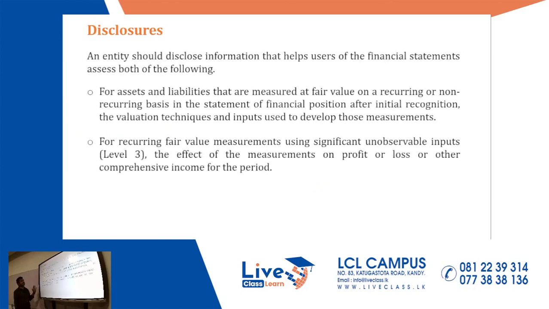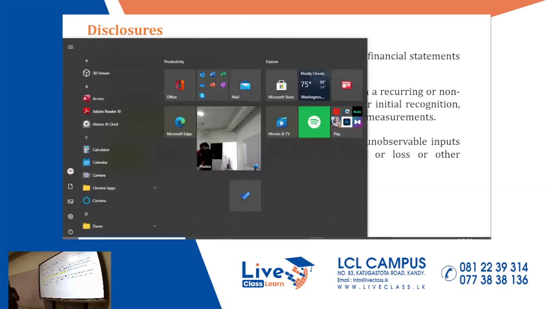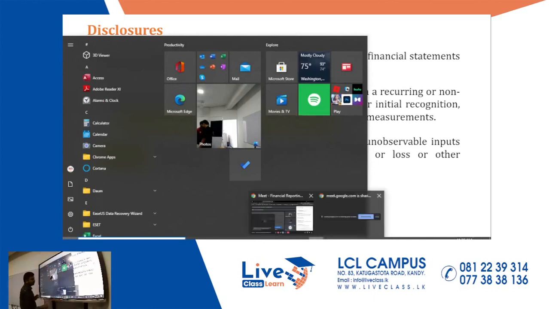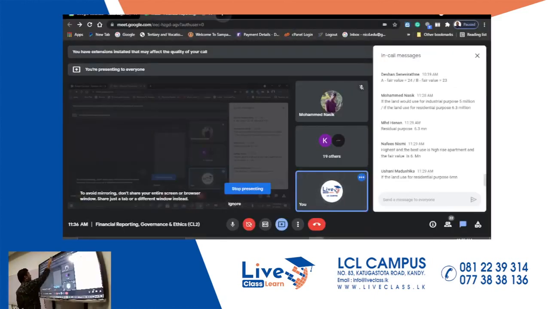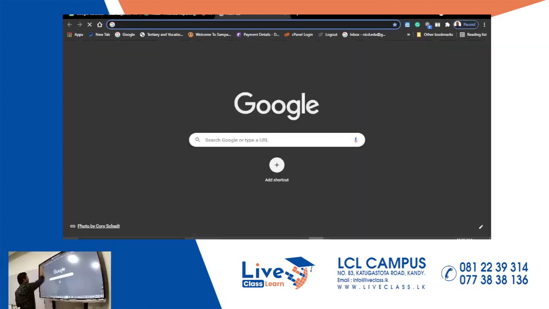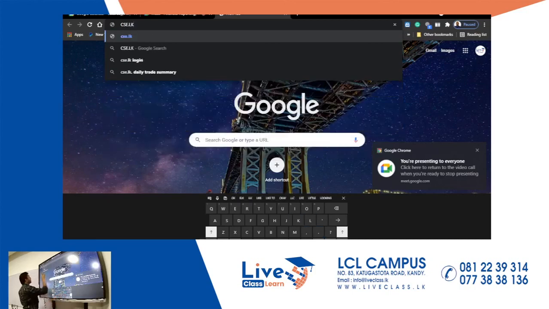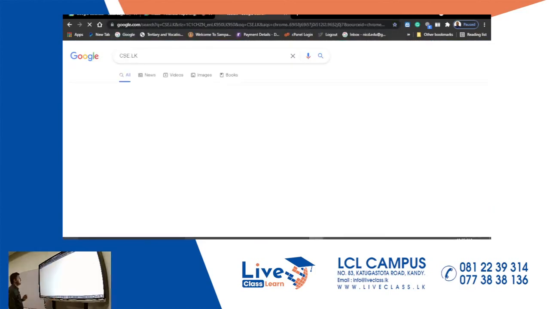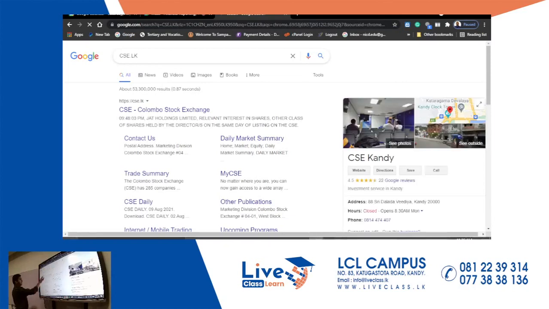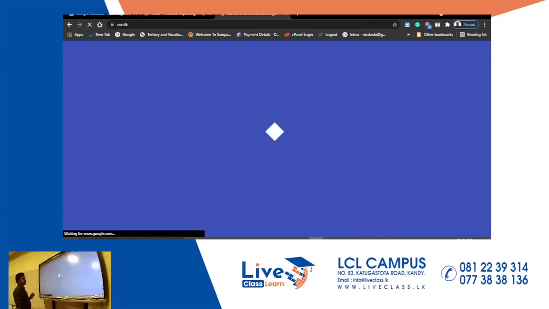Okay, look. Now I told you that we will go and see how these are shown in a financial statement. As usual, we'll go to the Colombo Stock Exchange CSE website, cse.lk. From that we can log into their website and try to get some of their annual reports.